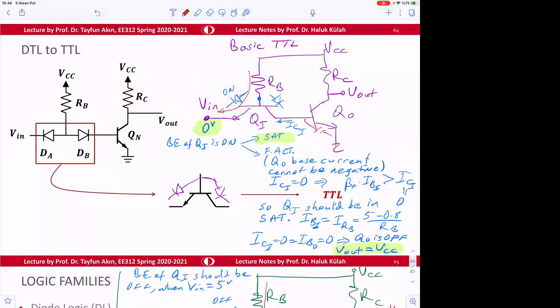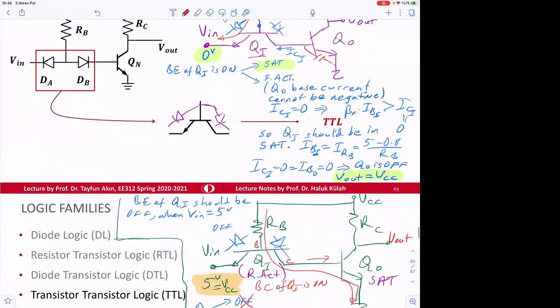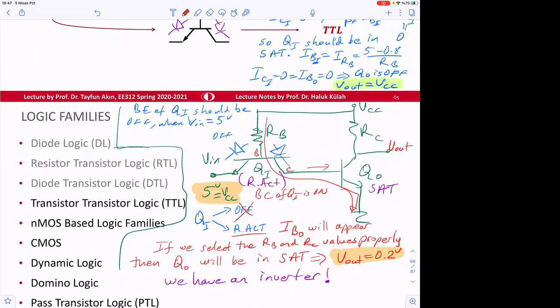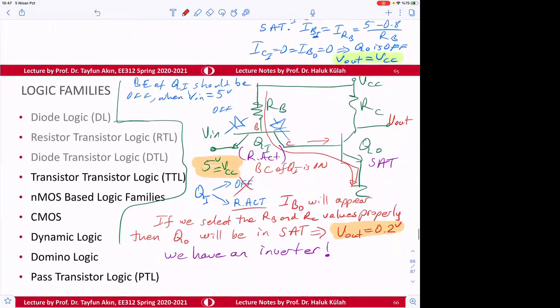Remember the base emitter charge when it's in SAT: if we want to turn this off, the charge can be removed with the help of QI.